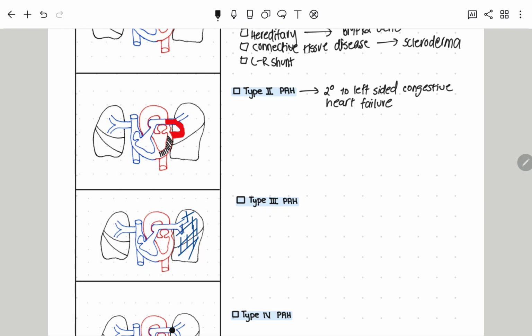And the basic pathophysiology that is important to know in this case is that when you normally have left-sided heart failure, blood will start backing up through the pulmonary veins and back into the capillaries of the lungs.